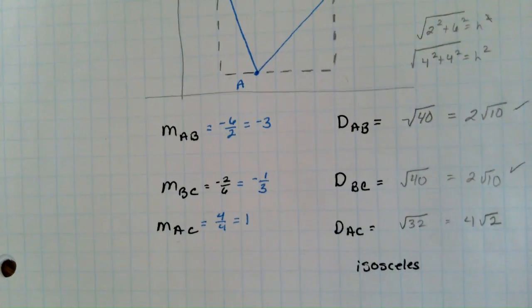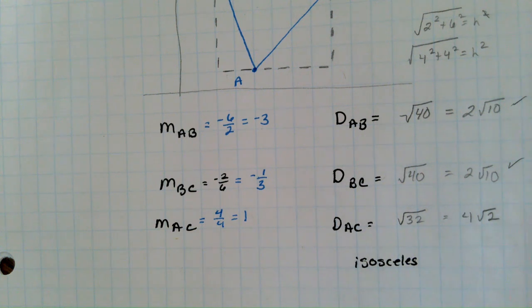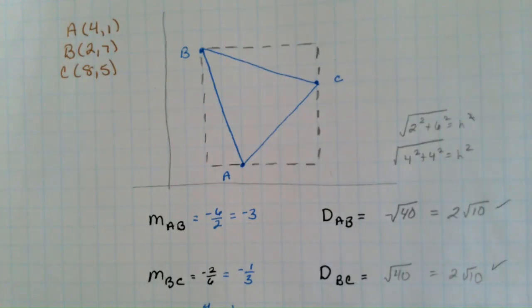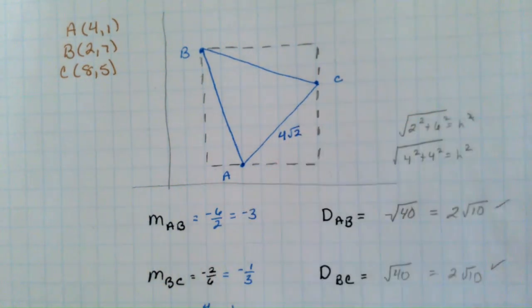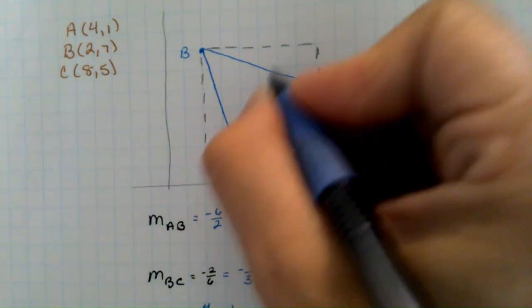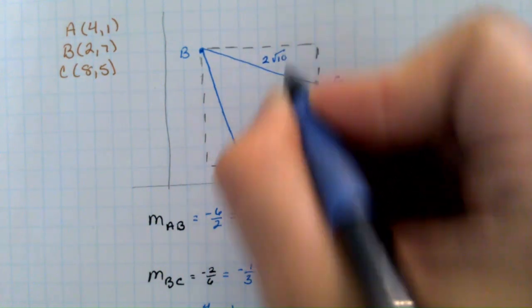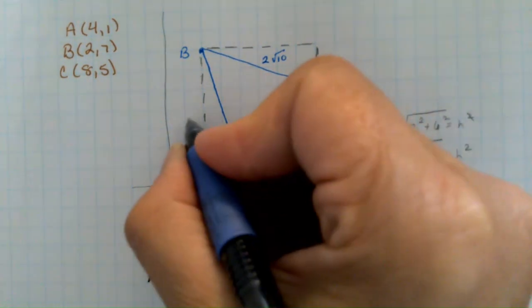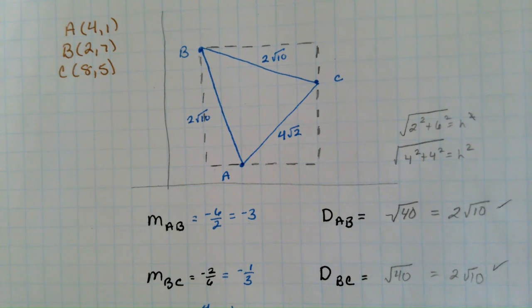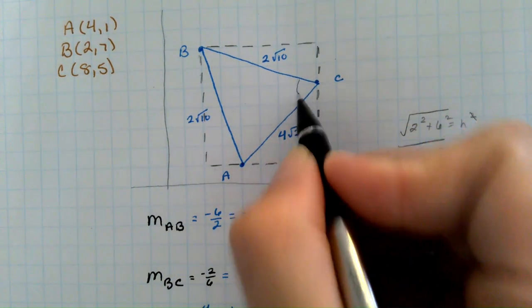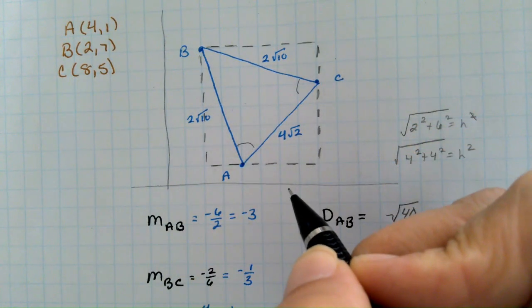Okay? But we know A to C was 4 square roots of 2, B to C was 2 square roots of 10, and A to B was 2 square roots of 10. And we further know that this angle and this angle are the same.